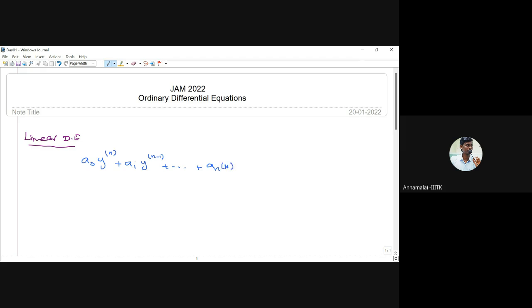In general, these are functions of x. This a naught, a1, an are all functions of x, times y, equal to b of x.